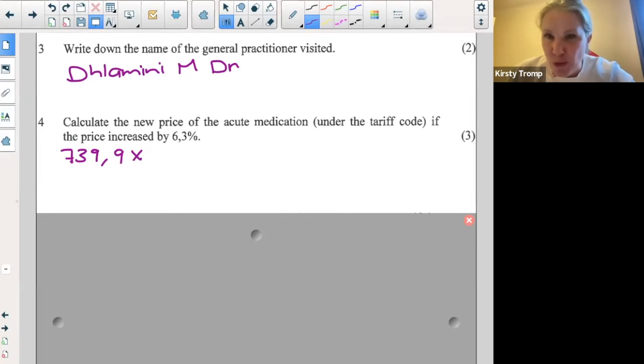Now in maths, when we want to show a percent, remember we're going to times by 6,3 over 100. So that's the first step. First, we're going to find out what is 6,3% of that amount. So 639.9 times 6,3 over 100.